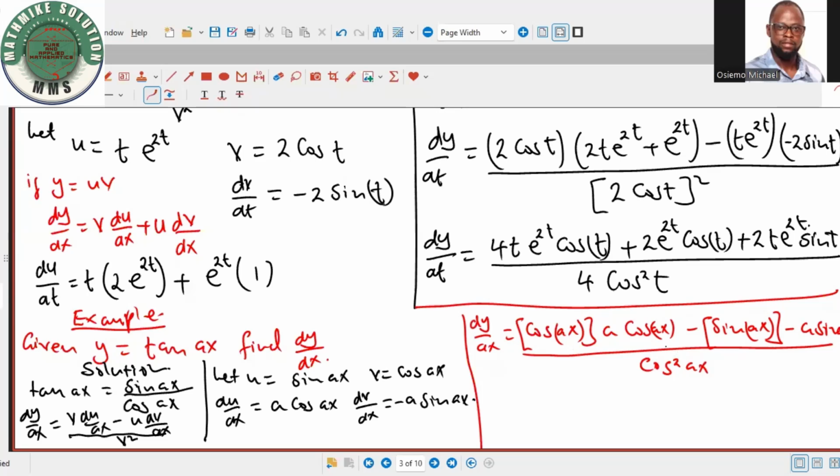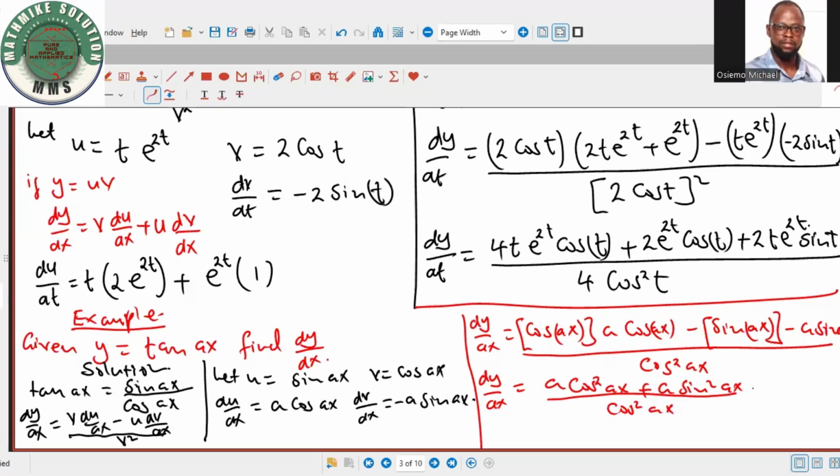So if you open up this bracket, you're going to have dy/dx being equal to a cos squared ax, then plus a sine squared ax, and all this over cos squared ax.